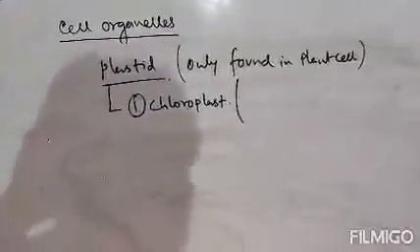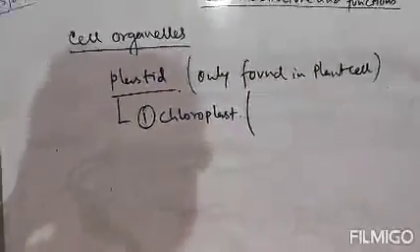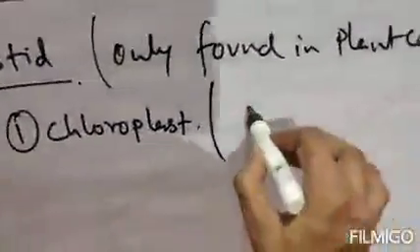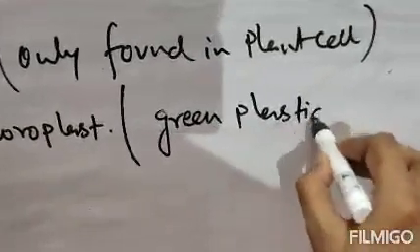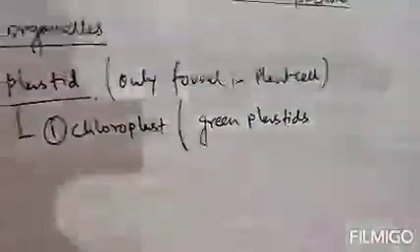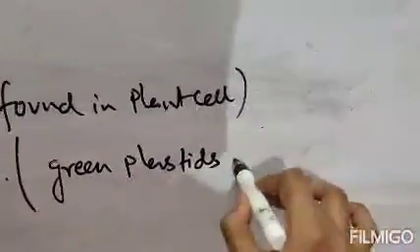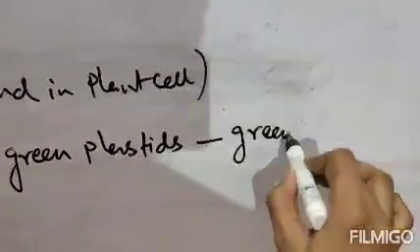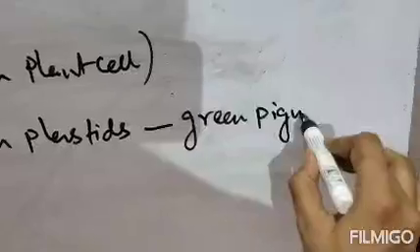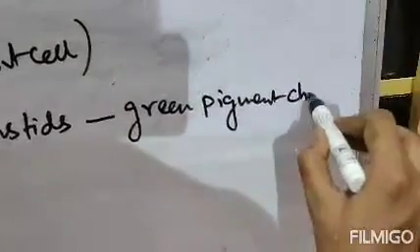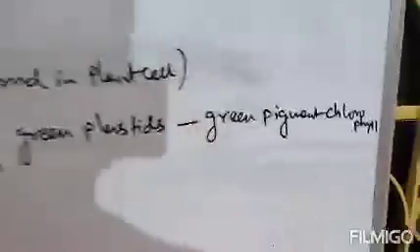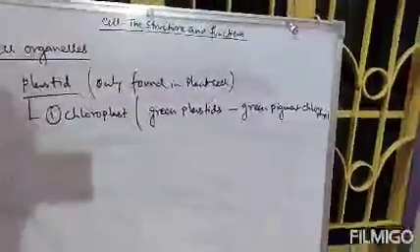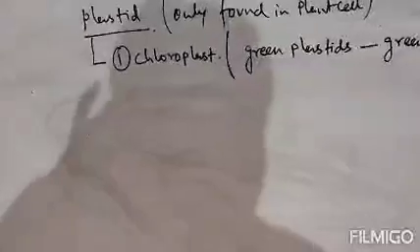That's why the color of chloroplast is green, so it is sometimes referred to as green plastids, because of the presence of the green colored pigment chlorophyll.